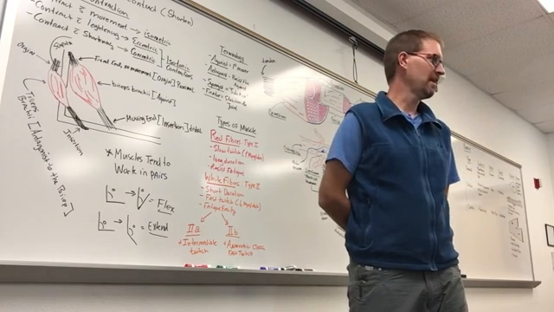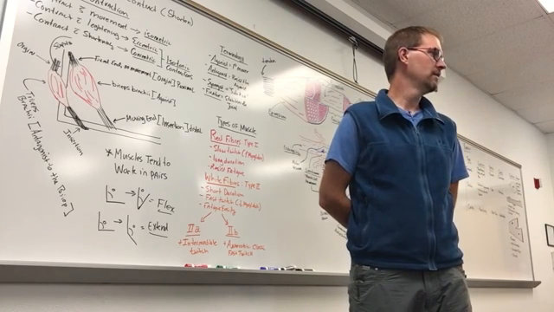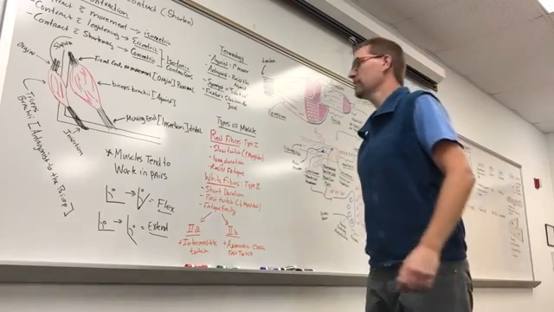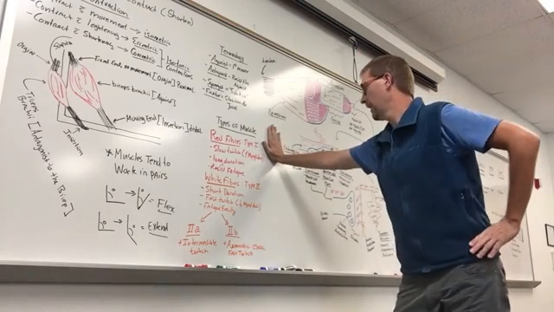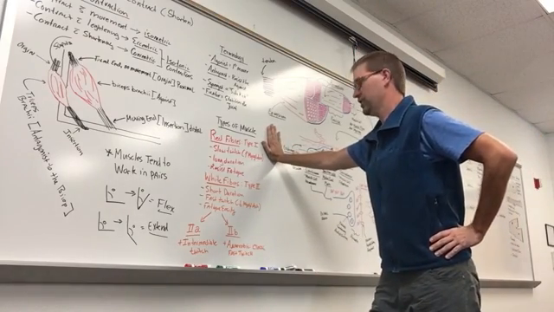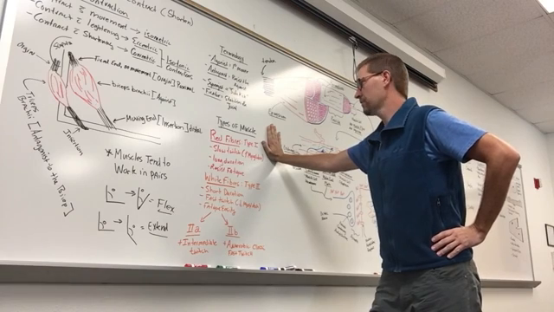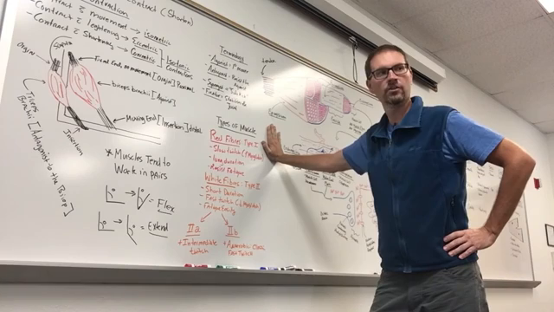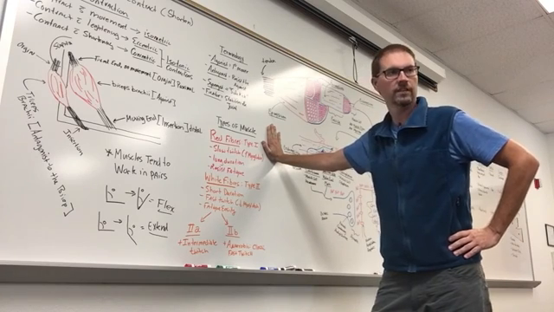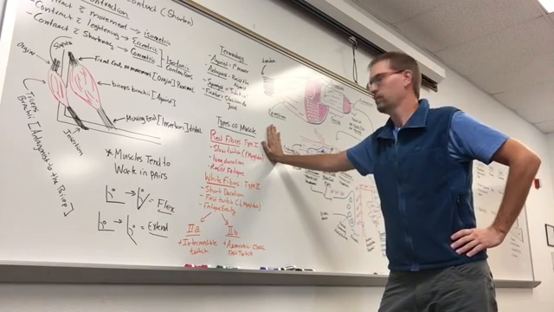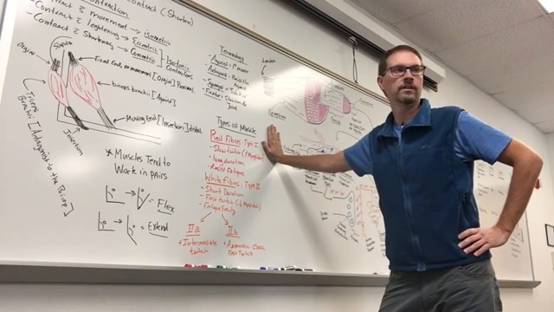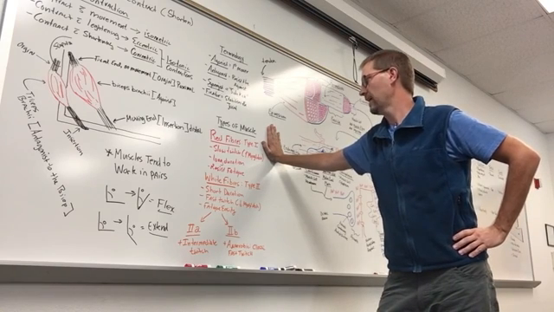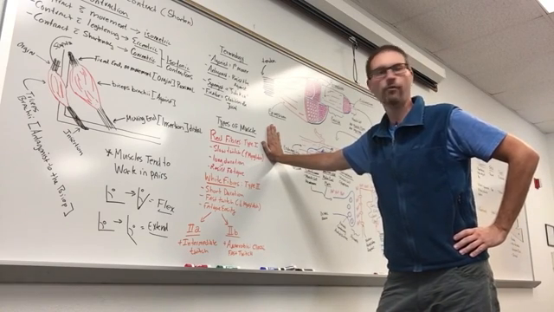Do you guys want an example of a contraction without movement? Let's say I put my hand against this wall and I push against it. Am I contracting muscles? Are they contracting to push against the wall? Is chemical energy being converted into kinetic energy and applying a force to this wall?